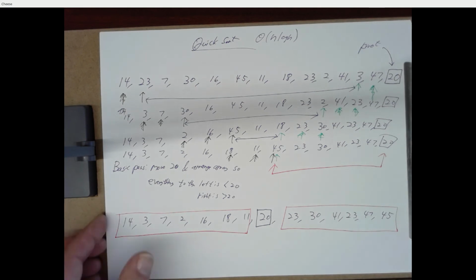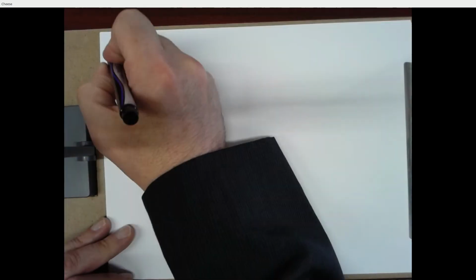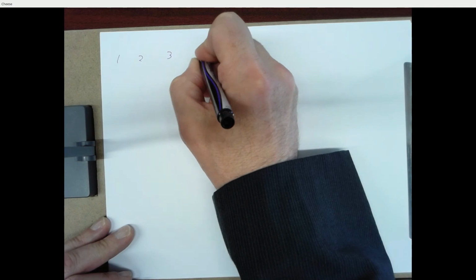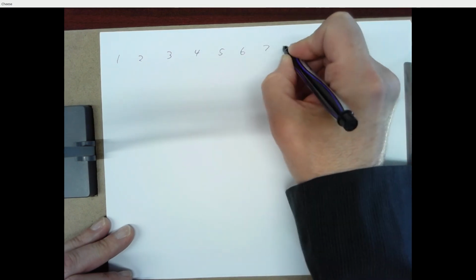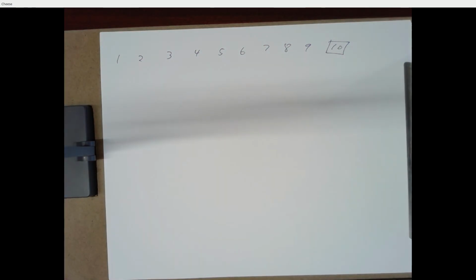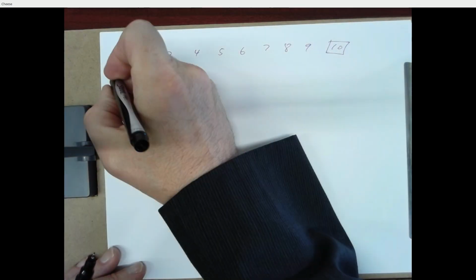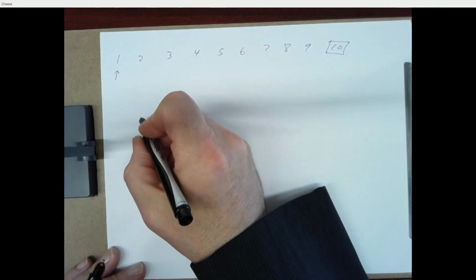But one of the downsides to quicksort is if your data is sorted to begin with, So we're going to start here. This is smaller than our pivot.